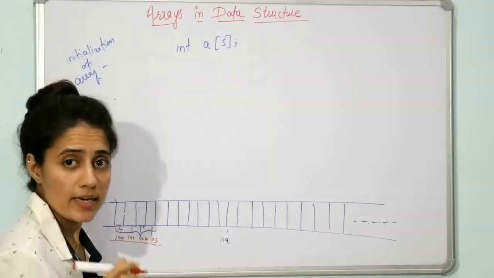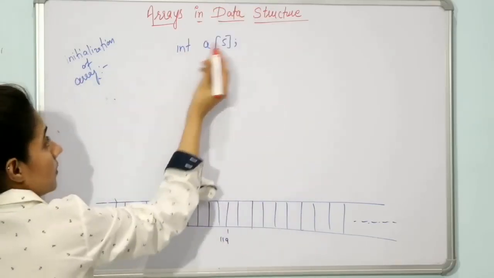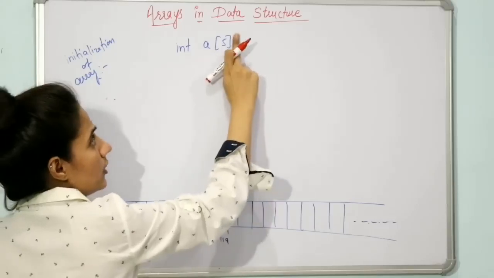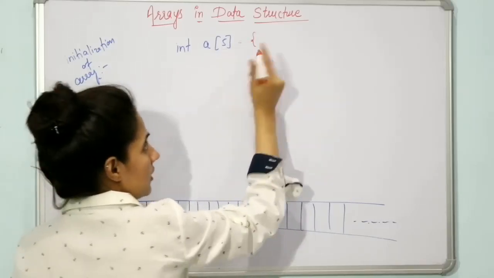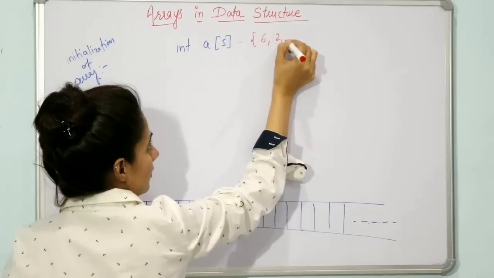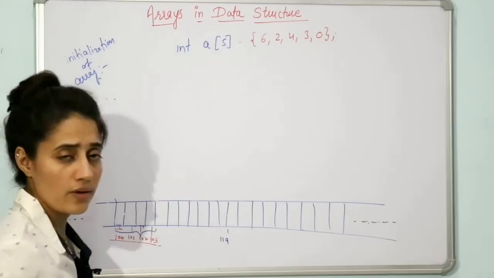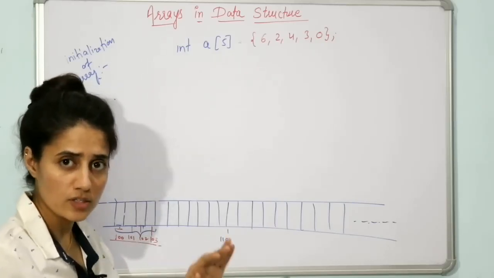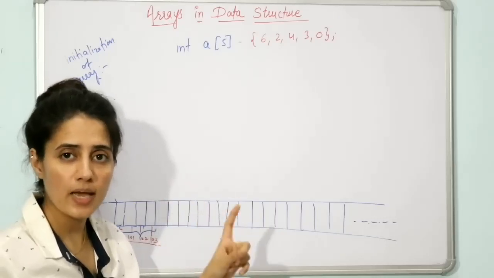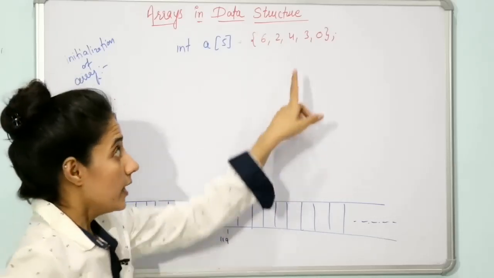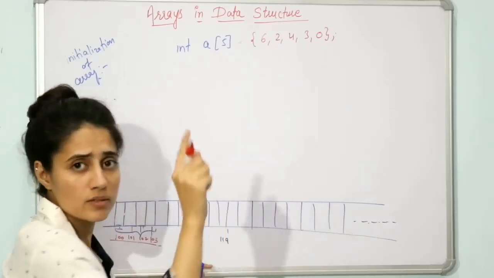So now we will see how an array can be initialized at compile time. First of all, at the time of declaration only you will specify the elements of the array. Suppose I want 5 elements, so I can specify these 5 elements here. So that is fixed. These 5 elements would be stored in the array. This is compile time initialization. Here the size is 5, so you cannot write 6 elements.